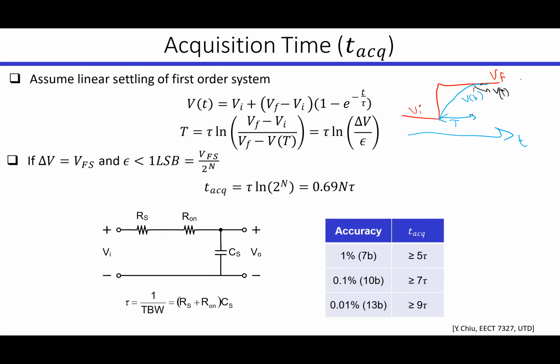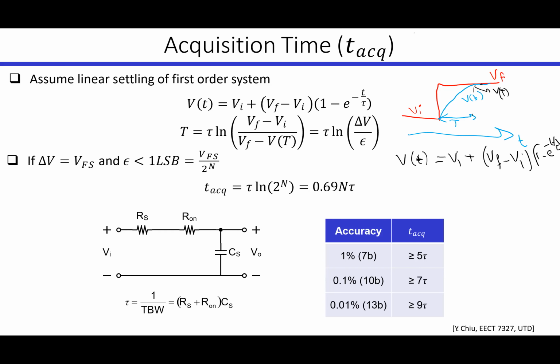Now what is happening here? You know that V of t is equal to V initial, the starting point, plus V final minus V initial, the trip that it has to make, times 1 minus e to the power of minus t over tau.